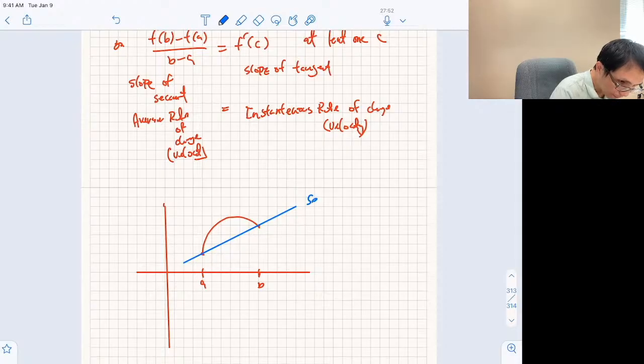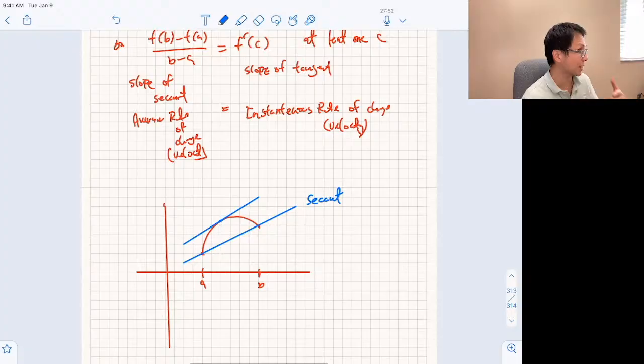The secant. But the tangent, somewhere along the line here, I think right in this spot right here, somewhere there, it's going to have the exact same slope.